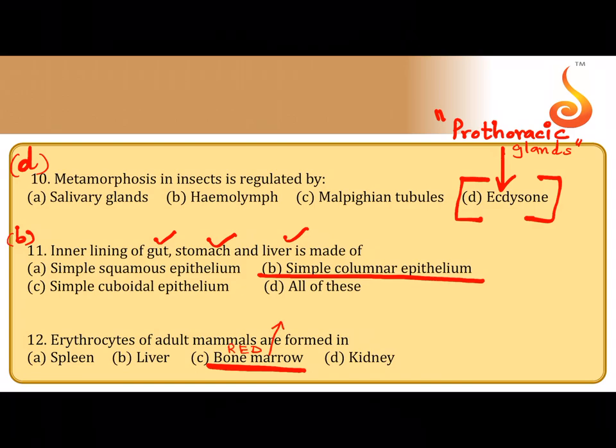In the red bone marrow, there is a process that is called erythropoiesis, formation of red blood cells. This erythropoiesis is a process which brings about the formation of red blood cells. Okay, so this is the answer being third option, that is the red bone marrow.